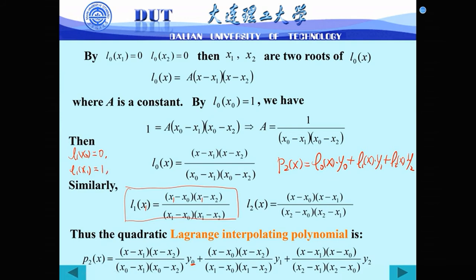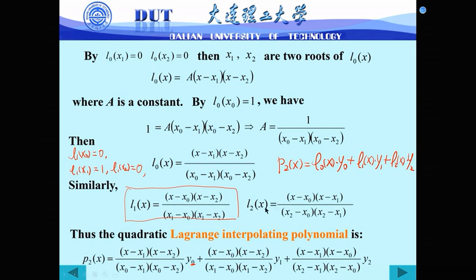It's okay? And let's check L1 at x2. For x2 here, x2 here, x2 here, this term is 0, right? So 0. Clear?